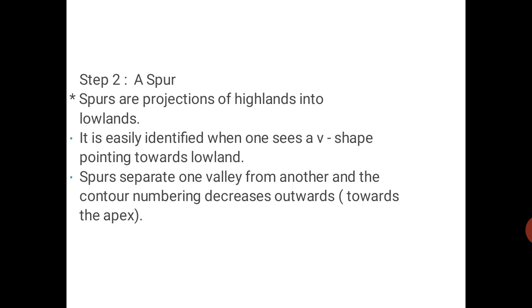Spurs are projections of highlands into lowlands. It is easily identified when one sees a V shape pointing towards lowland. Spurs separate one valley from another, and the contour numbering decreases outwards, that is towards the apex.